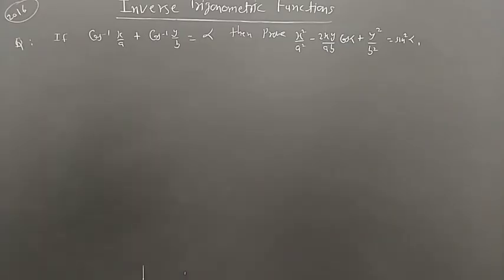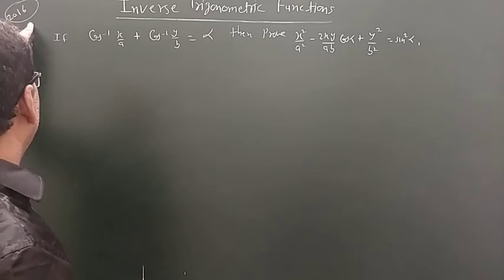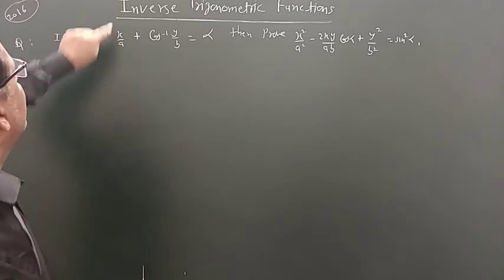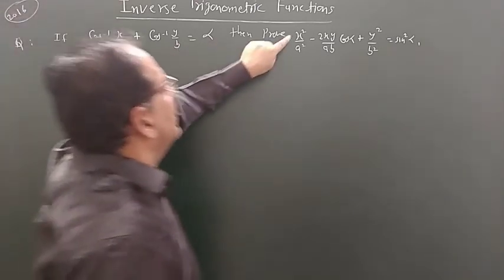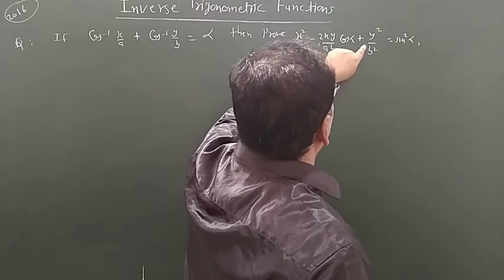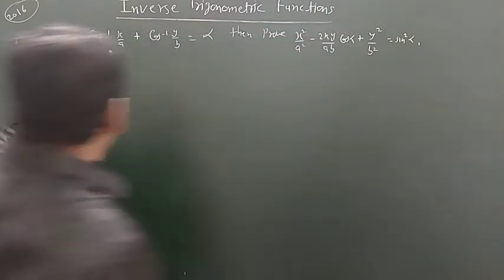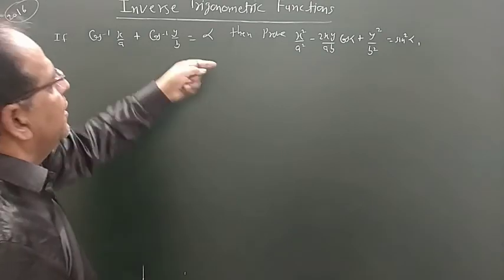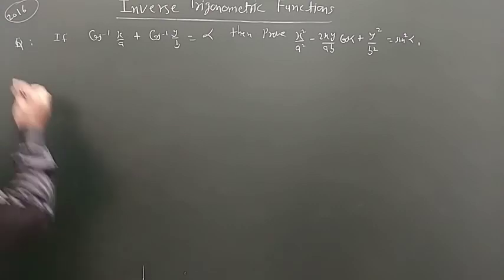Now one more question, out of NCERT, but this is a question from your CBSE board examination 2016. If cos inverse x upon a plus cos inverse y upon b equal to alpha, then prove that x square upon a square minus 2xy upon ab cos alpha plus y square upon b square equal to sin square alpha. And sometimes the values a and b can be replaced by numerical values. So we start the question.